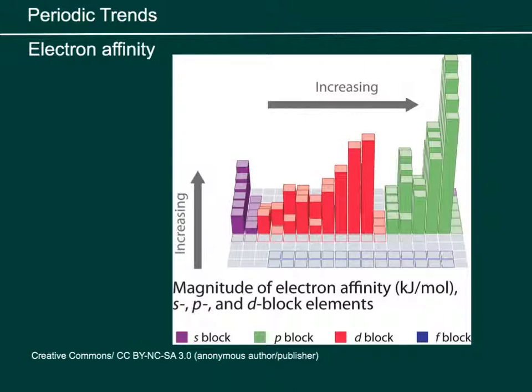Generally, electron affinities are going to become more negative as you go across the periodic table, meaning it's going to release more energy as you go to the right. If you look at this, it's increasing up towards the top of the table and across to the right, such that the highest ones are going to be right over here in the vicinity of the halogens. If you think about this, it makes total sense why.